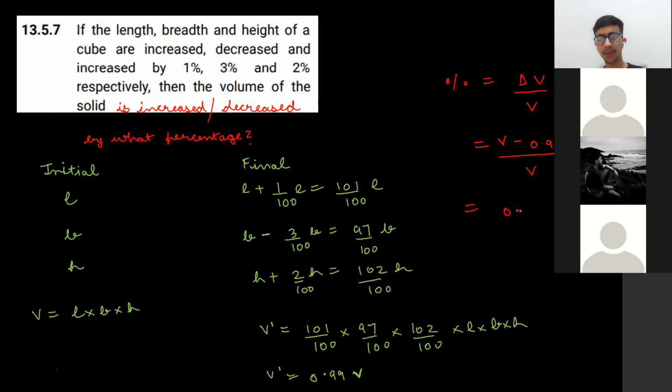So this will be 0.001 into 100, and the final answer will be 0.1%. And obviously it's a decrement. So the volume gets decreased by 0.1%.